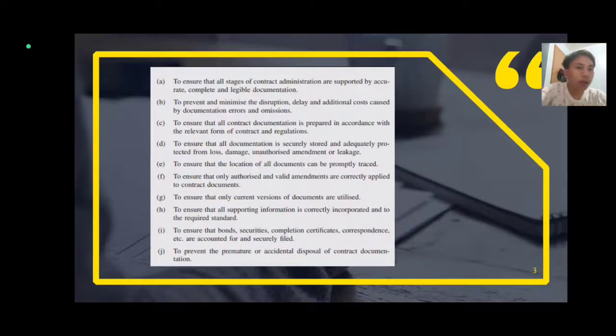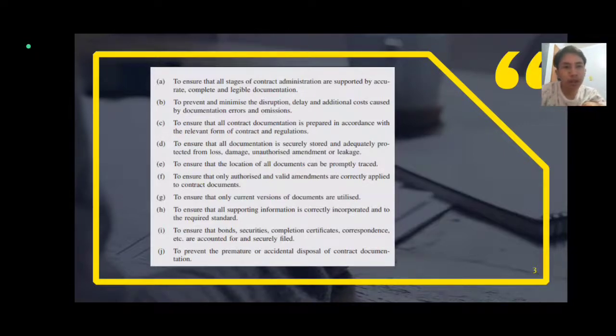F, to ensure that only authorized and valid amendments are correctly applied to contract documents. G, to ensure that only current versions of documentation are utilized. H, to ensure that all supporting information is correctly incorporated into the required standard.